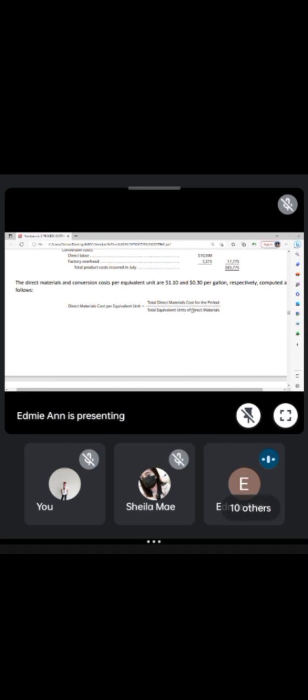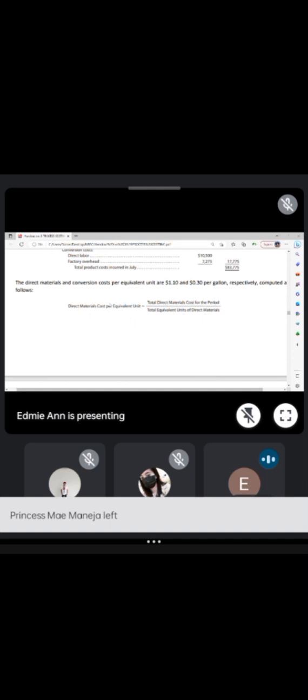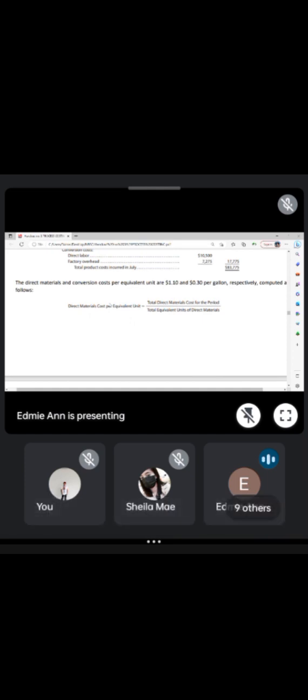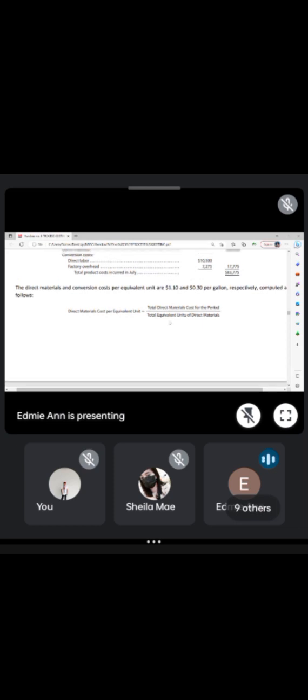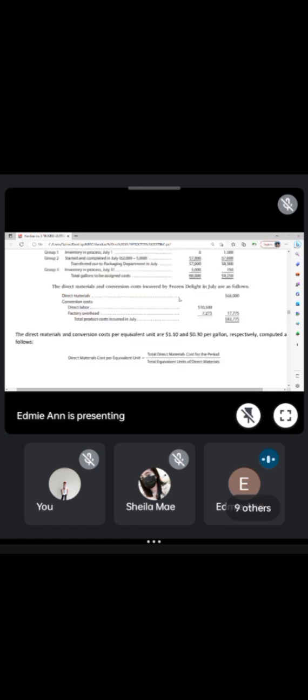So, para makuha ang direct material cost per equivalent unit, kada isa ka equivalent unit, i-divide ang total materials cost, tanan-tanan nga gasto niya for the period, with the total equivalent units of direct materials. So with that said, pila man ang total direct material cost for the month of July? 66,000, ma'am.